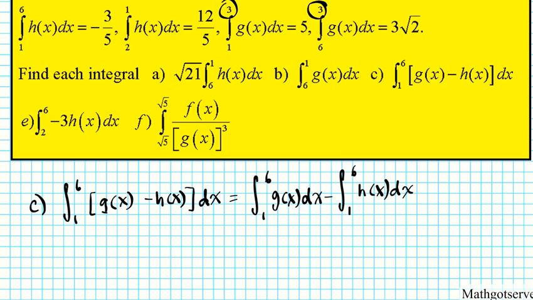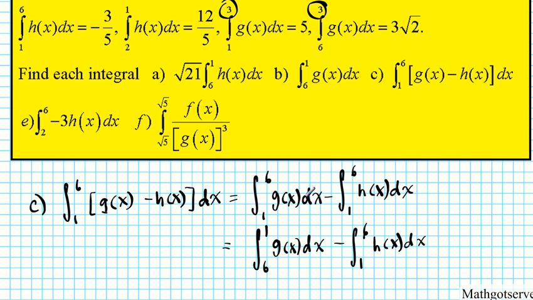What we just did is 6 to 1 in option B. So in order to use that, I need to switch this order right here. I'll write this as the antiderivative of 6 to 1 of g of x dx so that I can use my answer from part B, minus the integral from 1 to 6 of h of x dx.